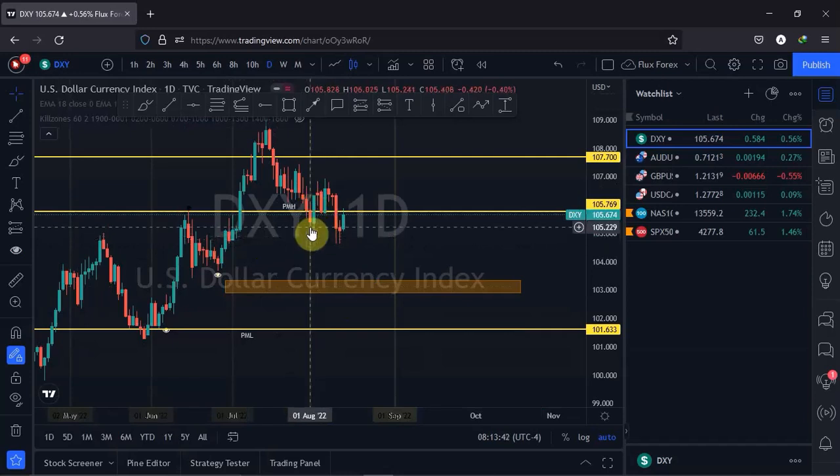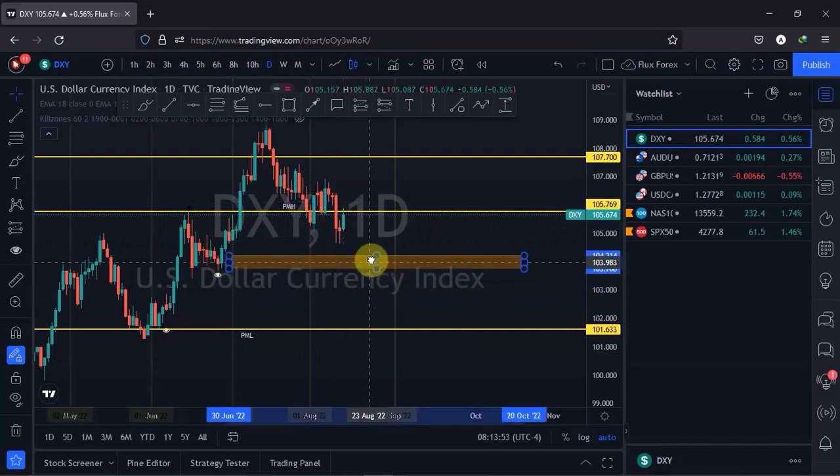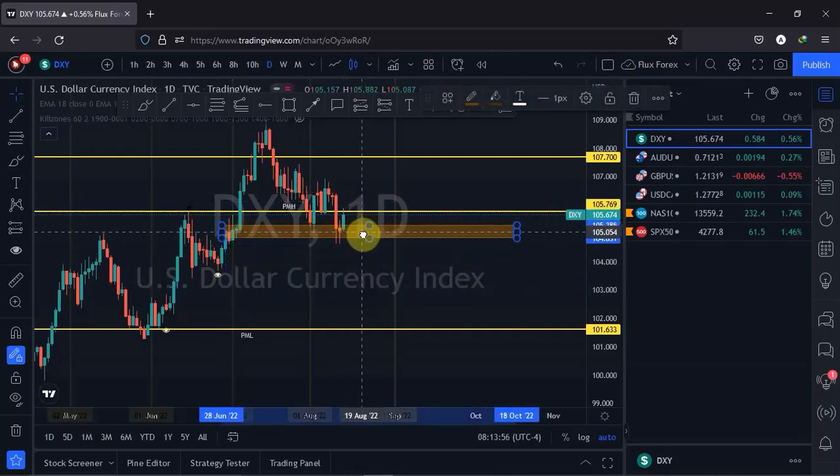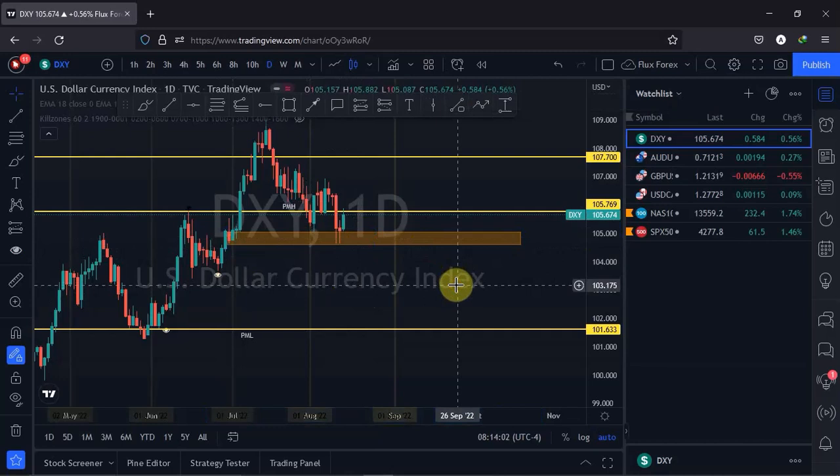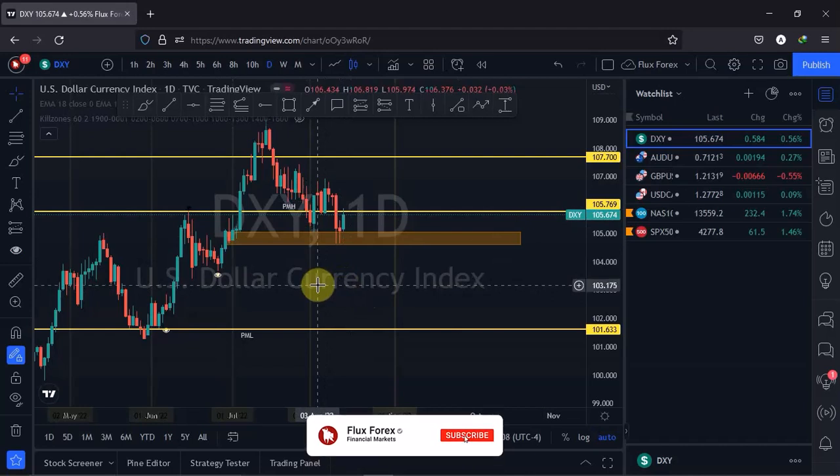When price got here, it bounced off and moved to the upside. We saw price moving to the downside, clearing this low, and when it got into this bearish candle, it bounced up. So we can clearly see that this zone has been a very strong zone, making it difficult for price to move to the downside. I'm not anticipating price to shift to the downside very soon. I'm still bullish on the dollar index.